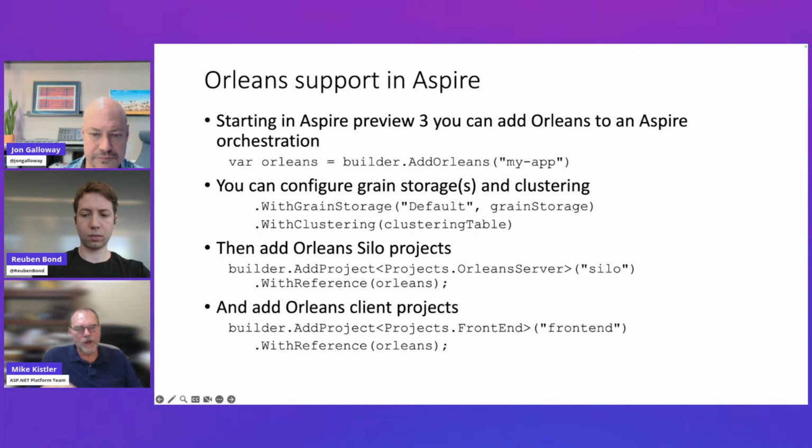And then when you have a project, you can just pass that Orleans instance into your projects so that it knows, okay, now I can access my Orleans instance through this resource. You can also add it into the client projects by passing it in the same way with the with reference extension method.